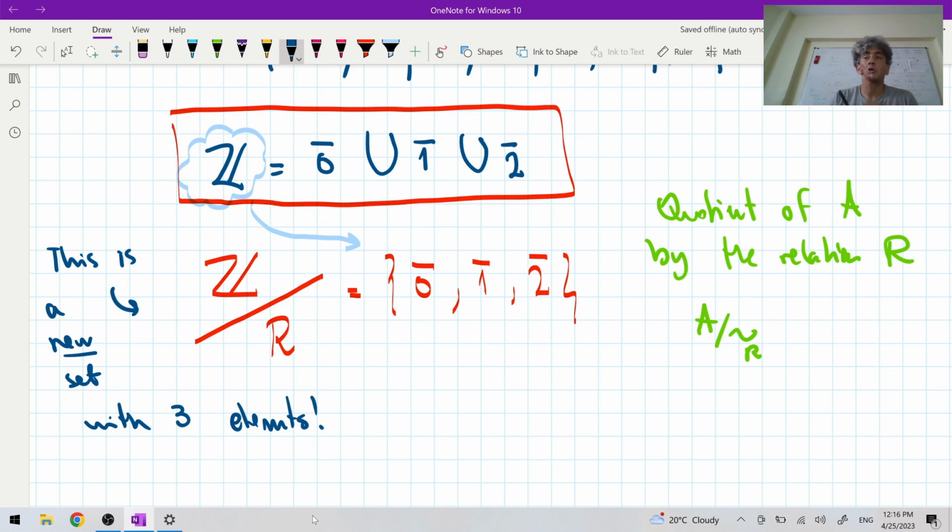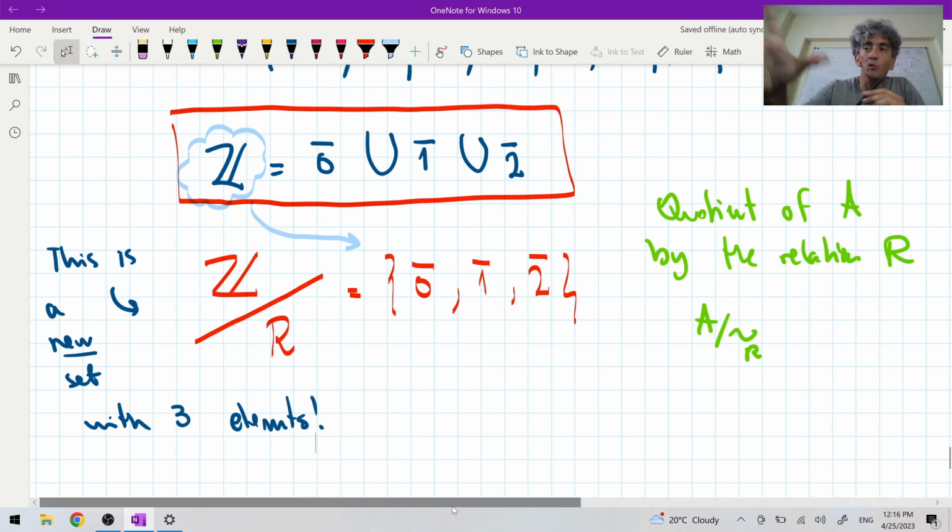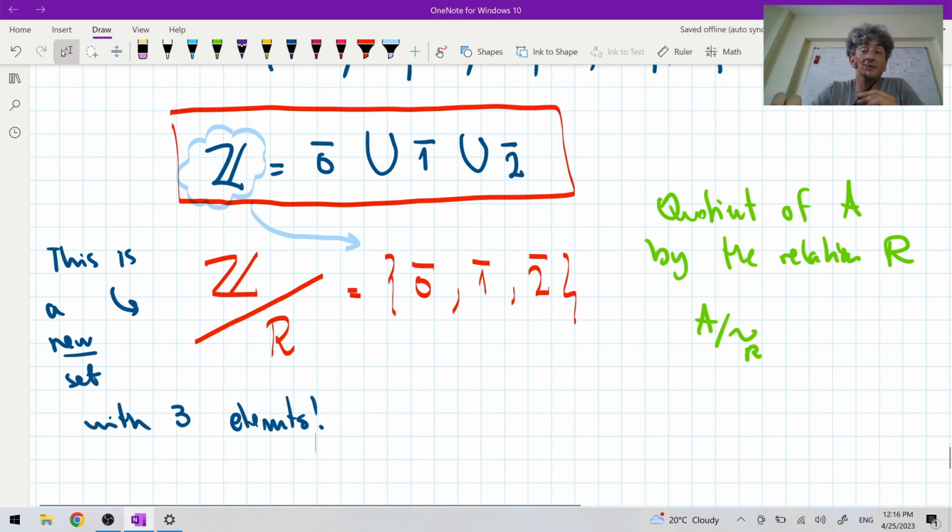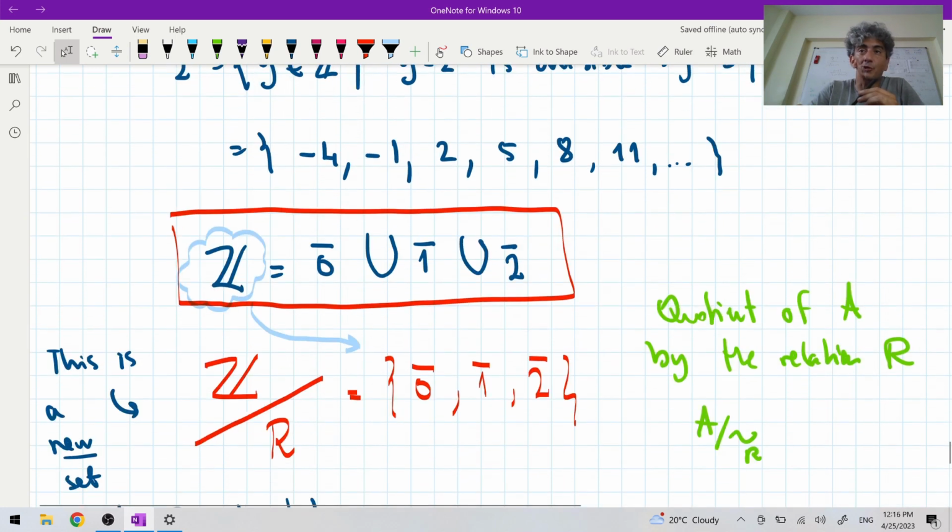Okay, so it's not always the case that we get a quotient with finitely many elements. We can also get quotients with an infinite number of elements. And we're going to explore what happens when we get a finite set, especially with the integers.